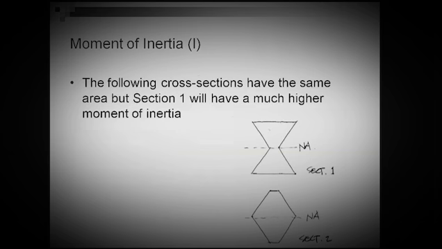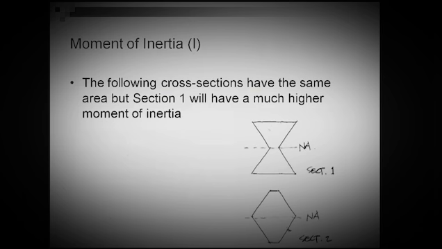Now, in those two shapes, the following cross sections have the same area, but section 1 will have much higher moment of inertia than section 2. Why is that? You got it.